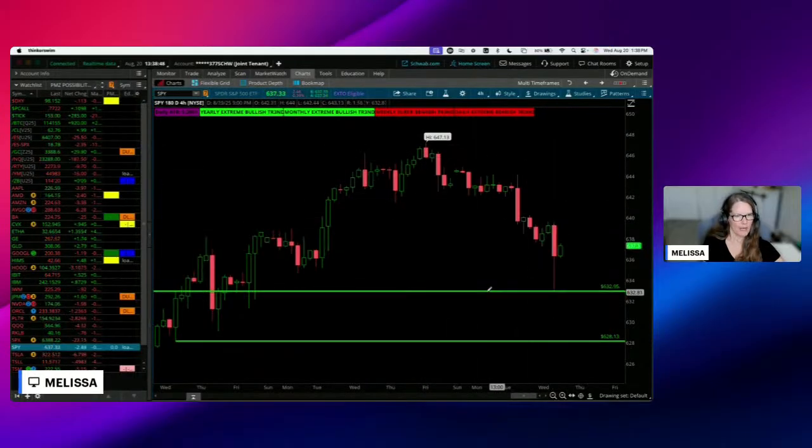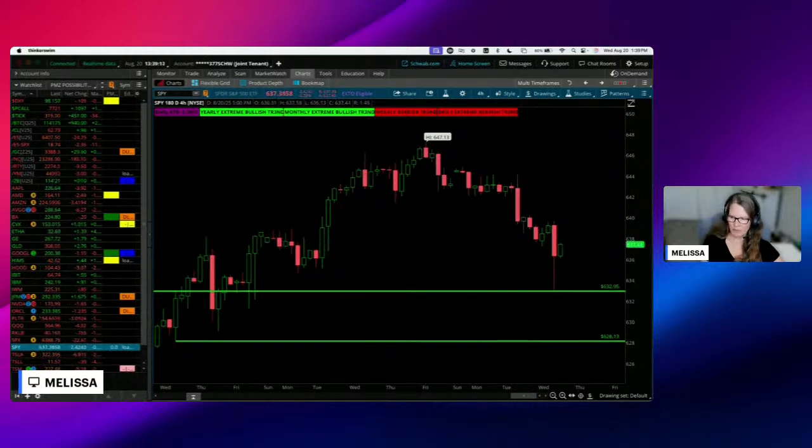So for a support level on current price action and a place that I would be interested in going long or buying calls, this would be my zone, 632.95 to 628.13.